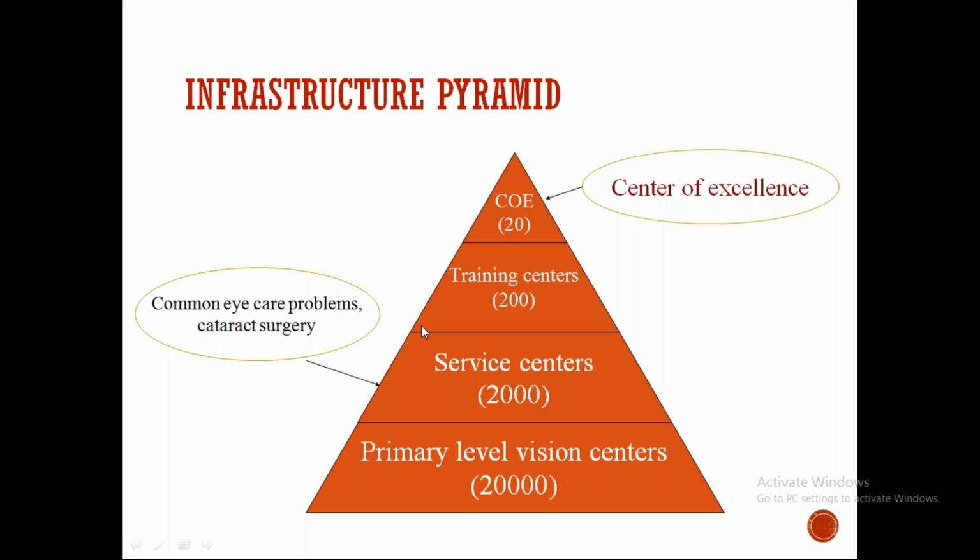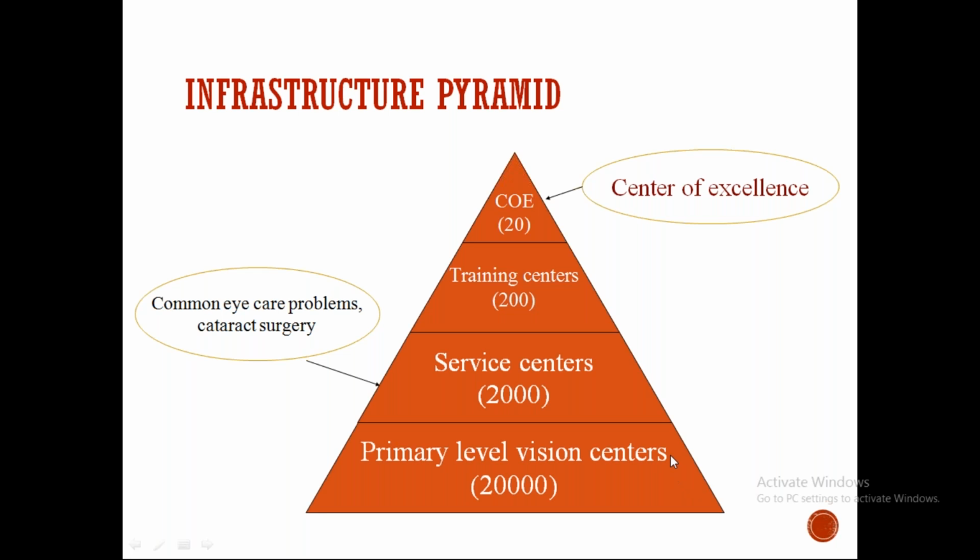Above that, there should be at least 200 training centers which will take care of training ophthalmic surgeons and ophthalmic technicians. And above them, there should be centers of excellence, like for example an apex institute such as the Rajendra Prasad Centre at AIIMS, which is an example of a center of excellence where the most complicated cases can be handled. So this is the infrastructure pyramid under which Vision 2020 functions.